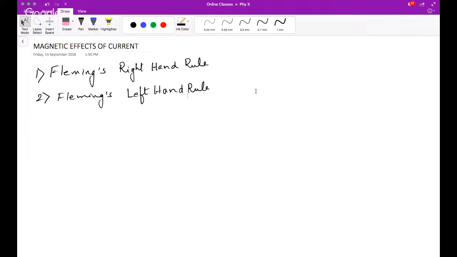So let's understand. Let me just grab a picture of this so that it becomes easier for you to understand. Just give me a moment. I'll get an image for you first.